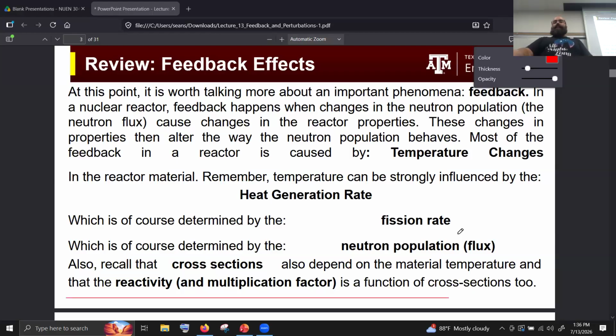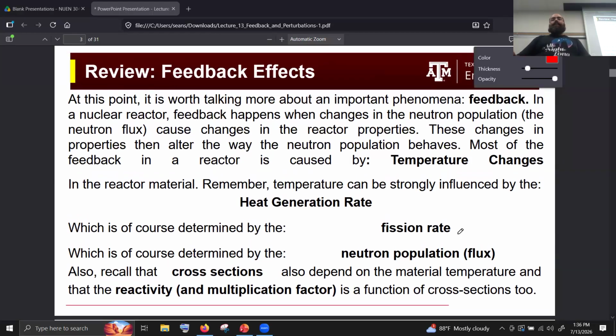So last time we started talking about what feedback is. When we use the point kinetics equations, there's a reactivity insertion rho 0, and those equations tell you how the system would respond to a reactivity insertion without feedback. But in reality, our reactors do have feedback.